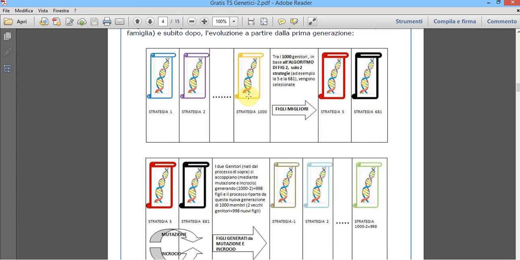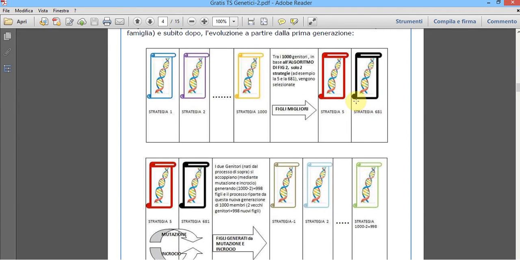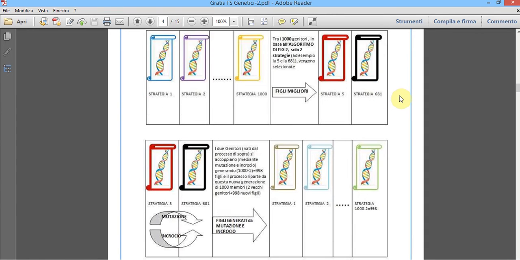The fitter members are selected as parents in order to produce a new population of members, which replaces the weaker ones. So let's say from the first generation, only strategy number 5 and number 681 are the best ones, which better met the requirement of the fitness function we have defined.